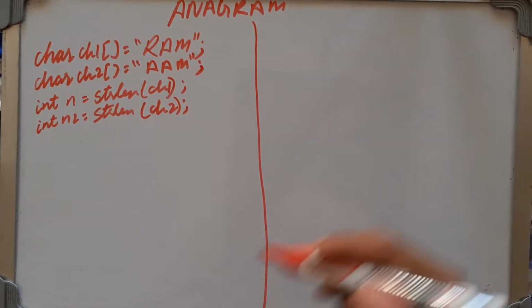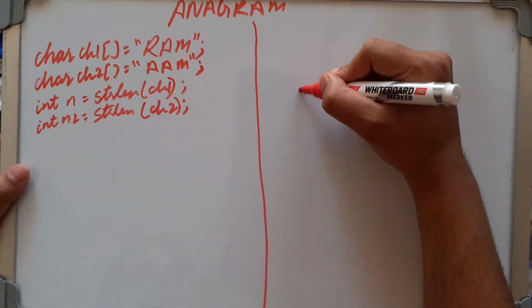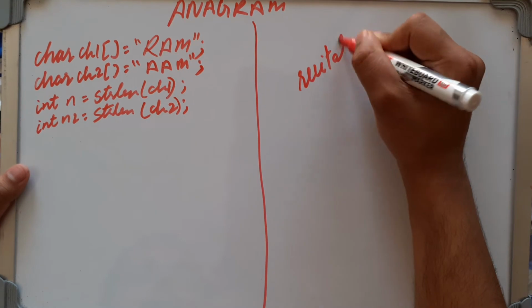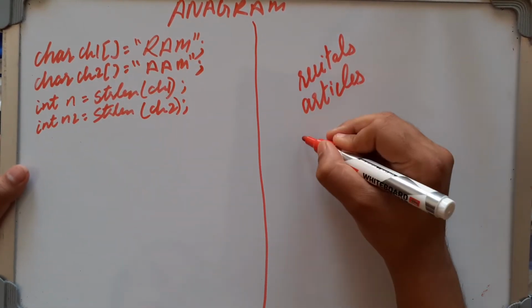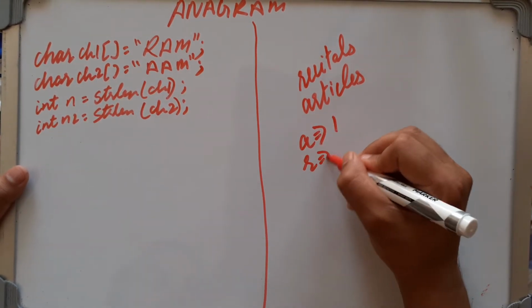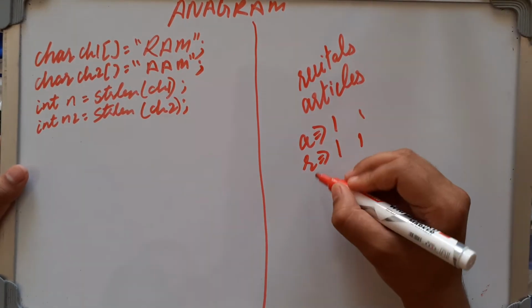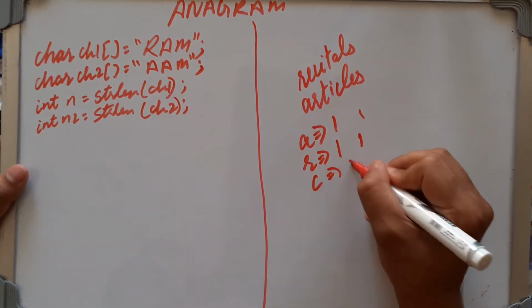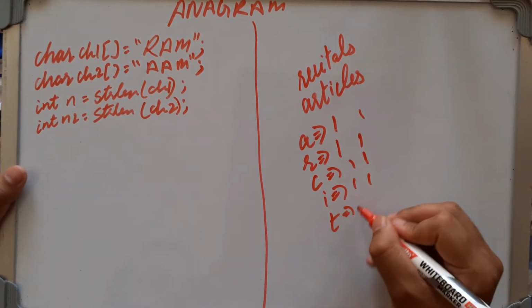I told you what is anagram. Like suppose we are having two, like recitals and articles. Now count. Number of a in recitals is 1, number of r is 1, in both it is 1, number of c in both it's 1, number of i in both it's 1, number of t in both it's 1.